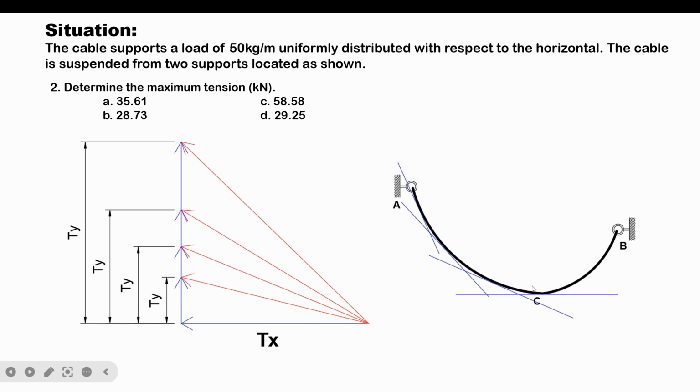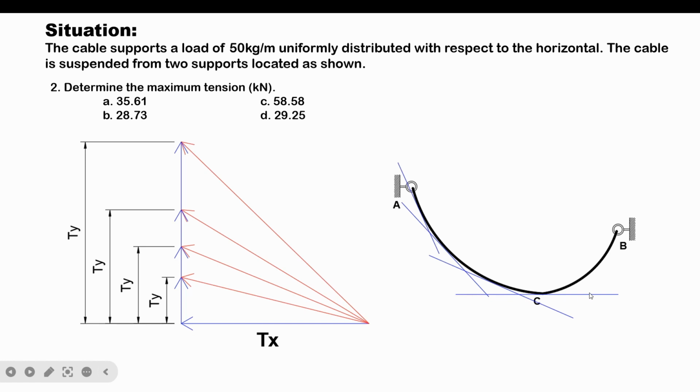The tangent at the vertex is perfectly horizontal, and if we draw the tangents of the points moving away from the vertex, the tangents are getting steeper. Or we can also say, as the points of the cable approach the vertex, the tangent approaches horizontal.